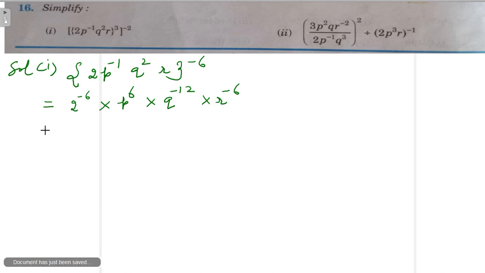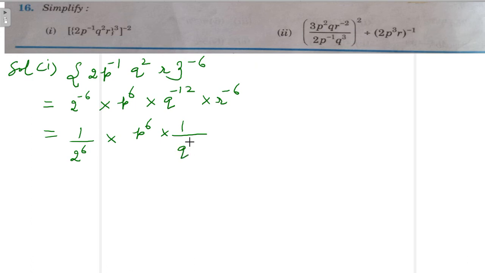This is minus 6, we have to change this into plus, so we will take it below, make it reciprocal, and it would become plus. This is p raised to power 6, no problem. This has also to be reciprocated to make it positive, and this too.